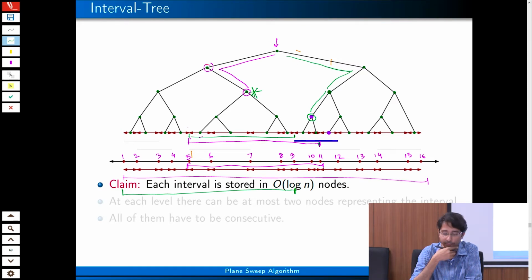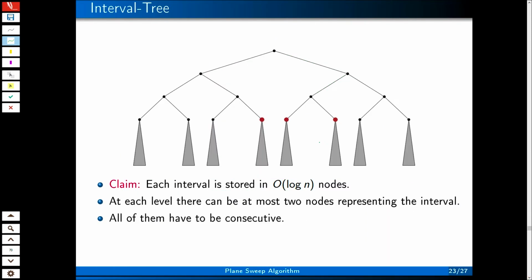Why? It's written here. If it covers the entire range at the first level, we use it; if not, we go to the second level and cover some part. If it is including the part, we will use one for that. Very good. Formally you are trying to say this.